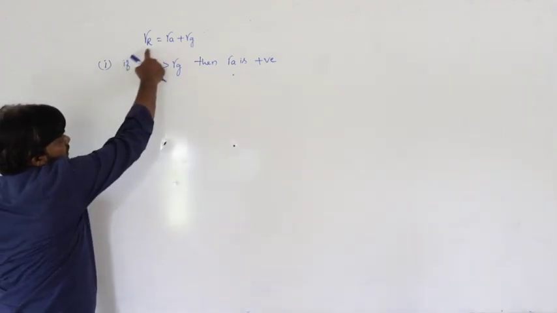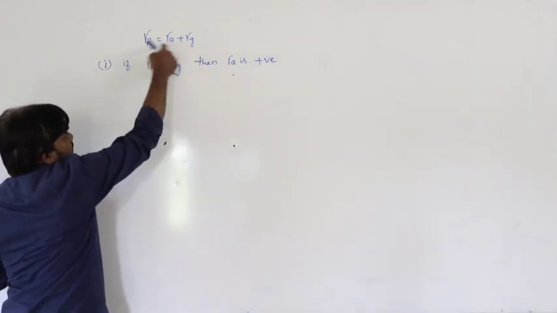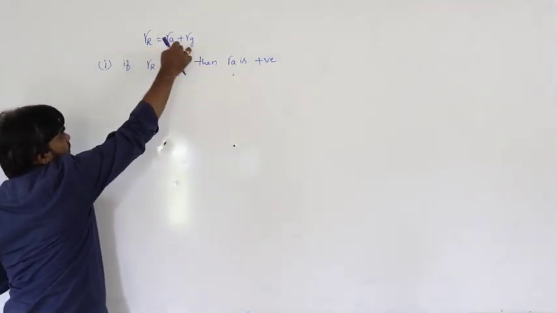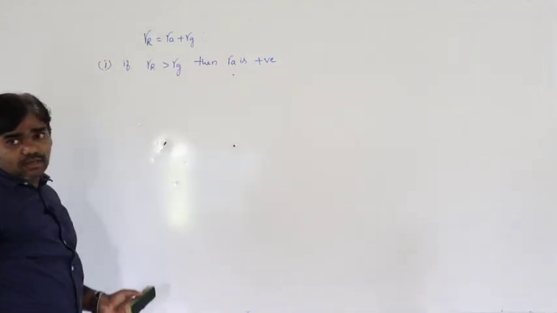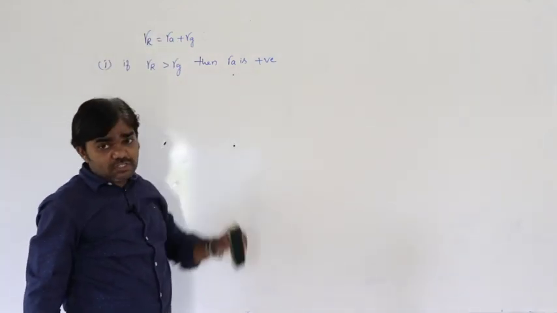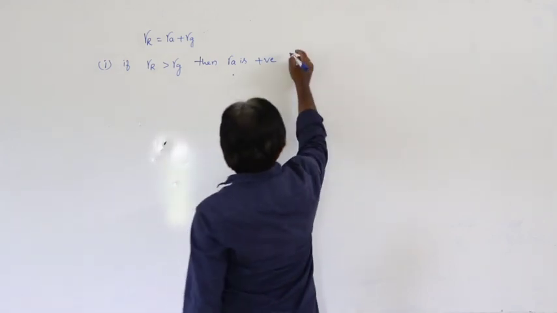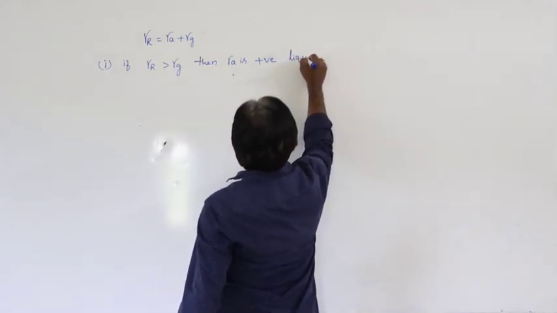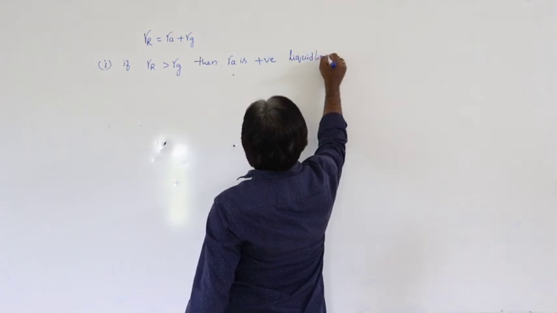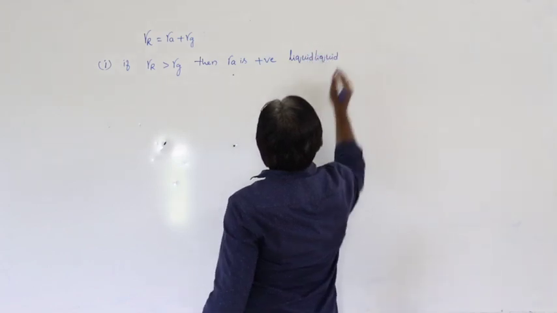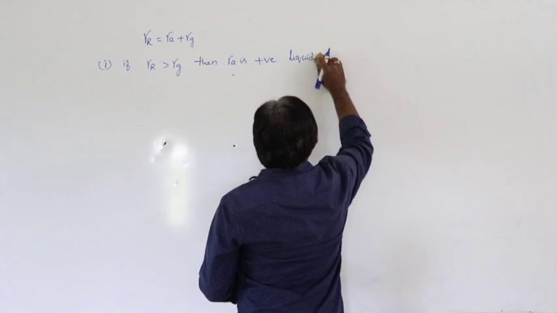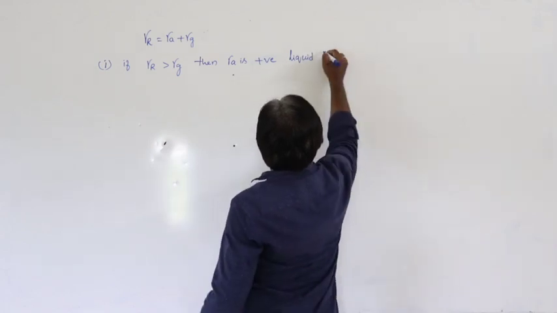If gamma R is greater than gamma G, then gamma R minus gamma G is equal to gamma A. So gamma A is positive, apparent expansion is positive, that means the liquid level rises. So the liquid level rises in the container.